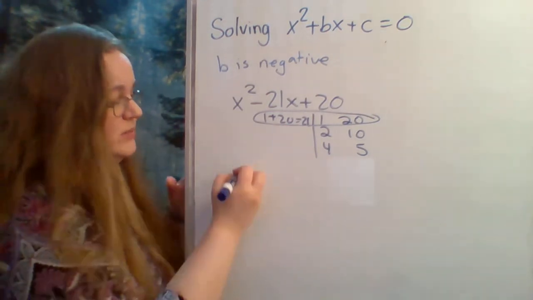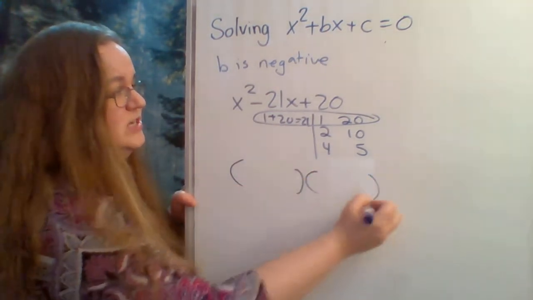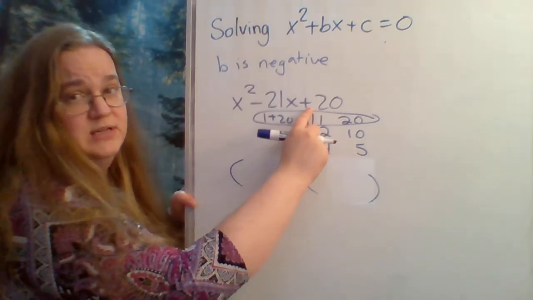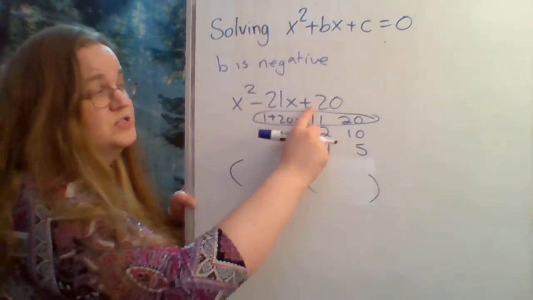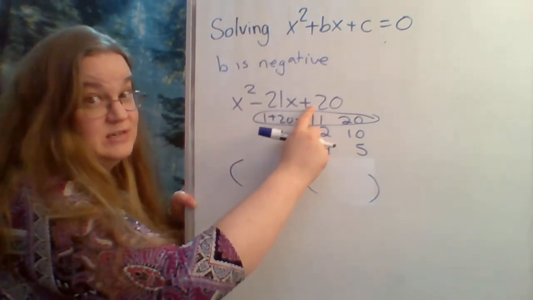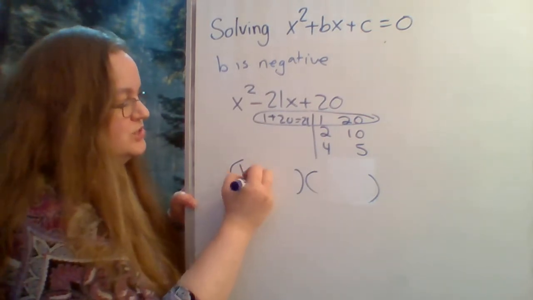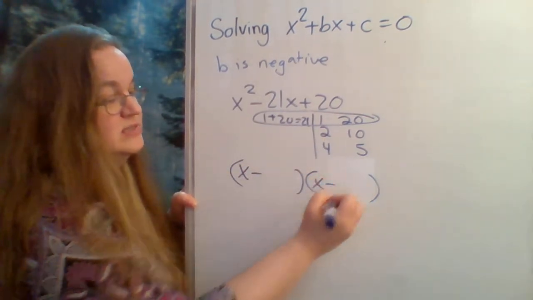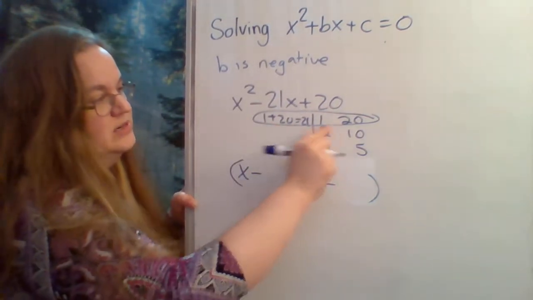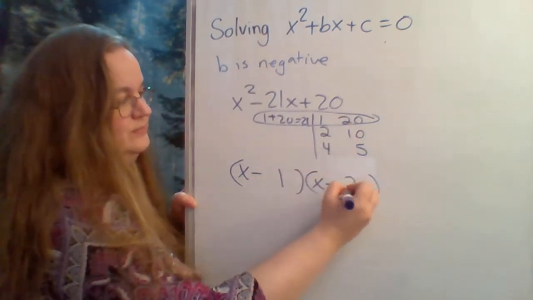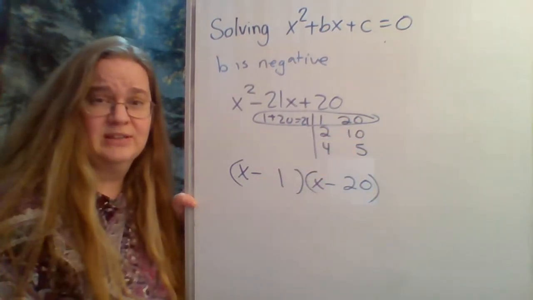This works. My only difference from what I just did, because C is positive and B is negative, this is really important, C is positive, is just going to be putting minus signs instead of plus signs. And my numbers are 1 and 20. So it's going to look like that.